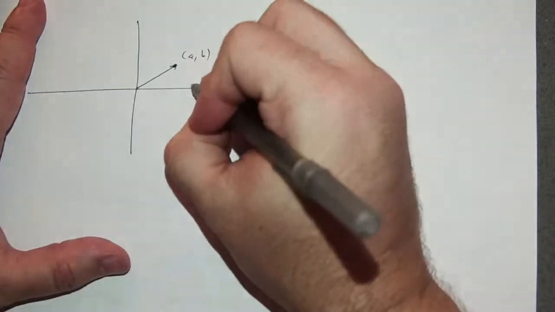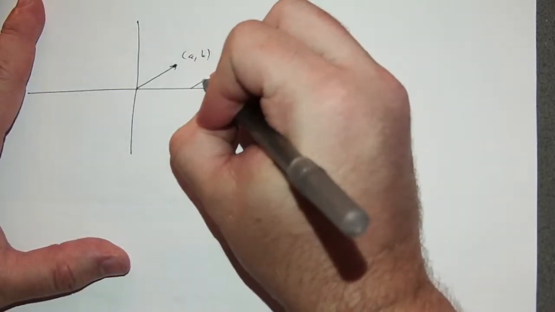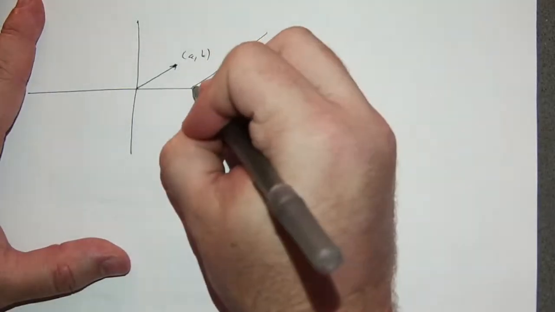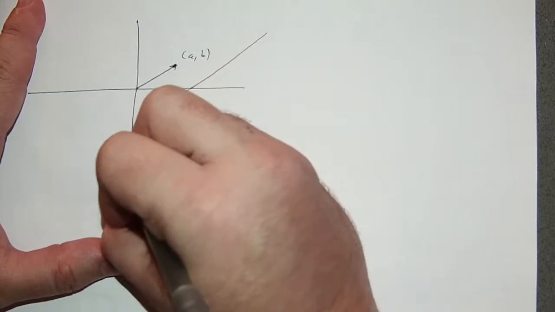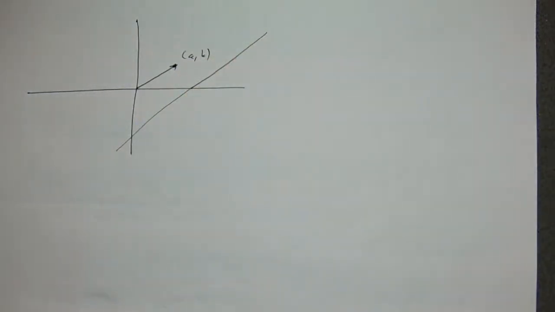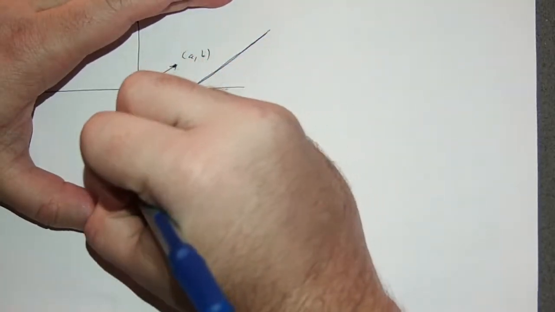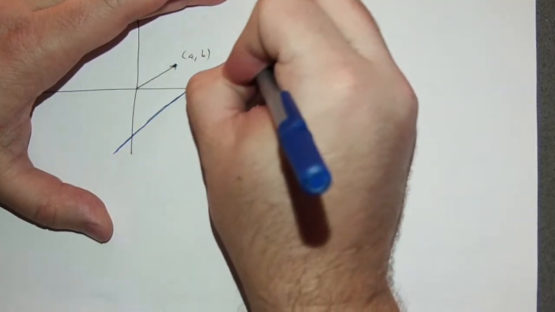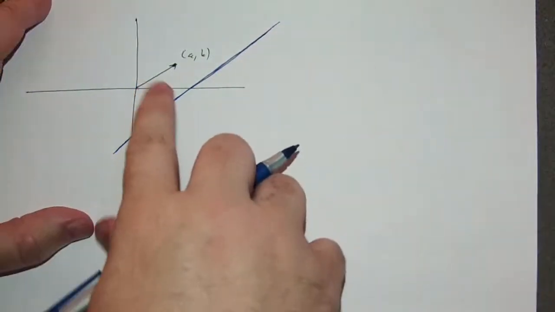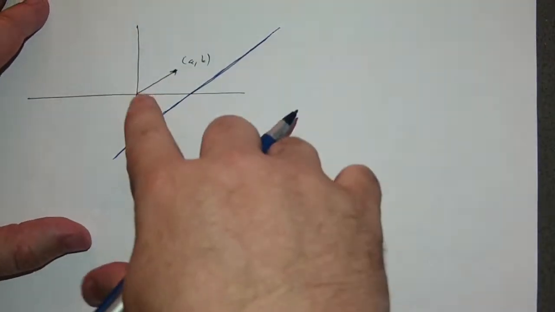And so what that means is that if I have, say, a line here, right? Maybe I should use a different color. Here, let me get a blue pen. Where did I put my blue pens? Here we go. Okay, so this line, for instance, I tried to make it parallel to this vector.